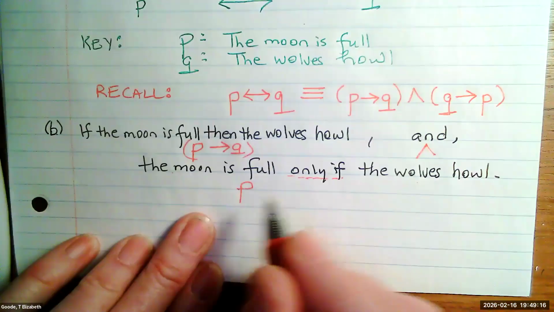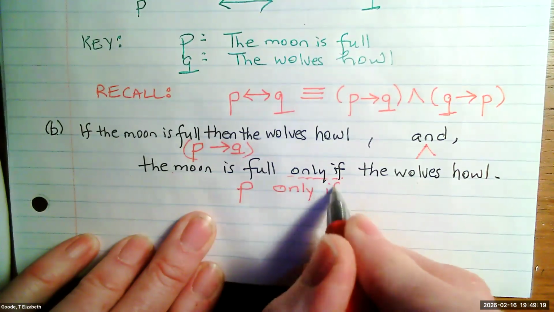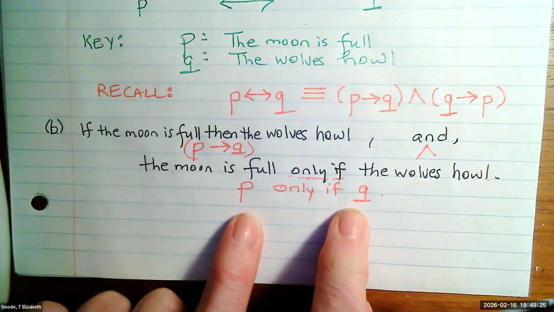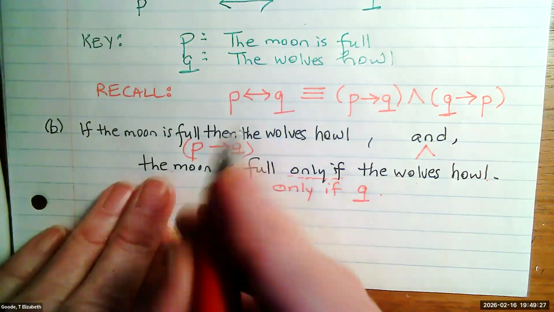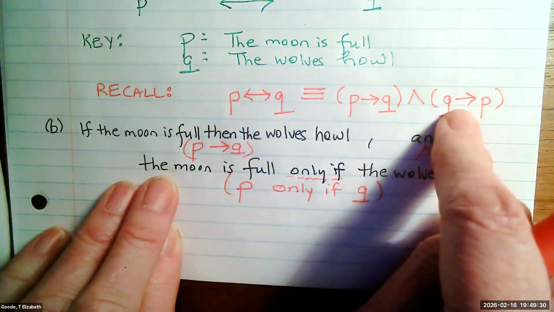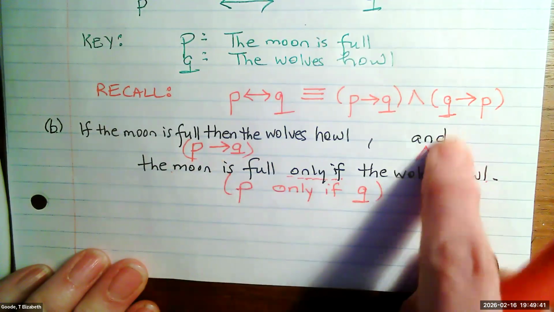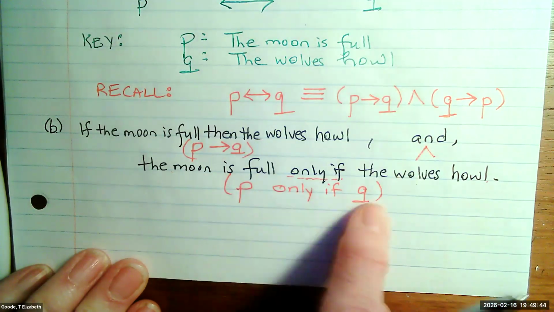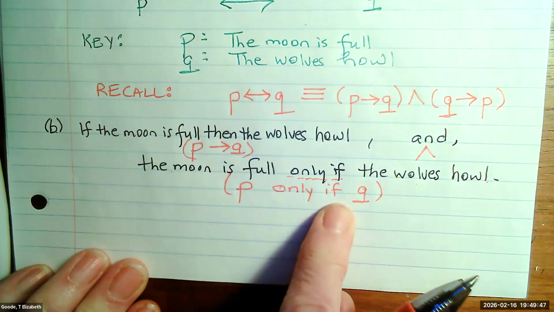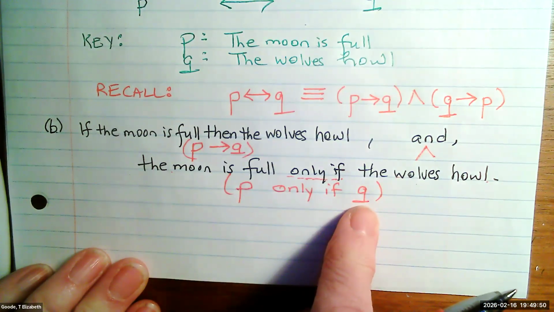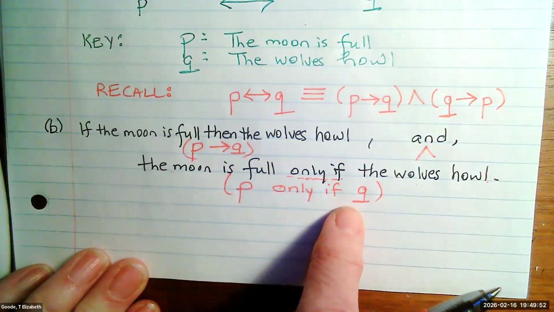P only if Q. So we have to figure out if P only if Q is the same thing as if Q then P. Right? We've got the if P then Q here. We know for sure that's if P then Q. We've got the and, right? Now we're checking to see if we have the converse. So we have to think about what P only if Q actually means.